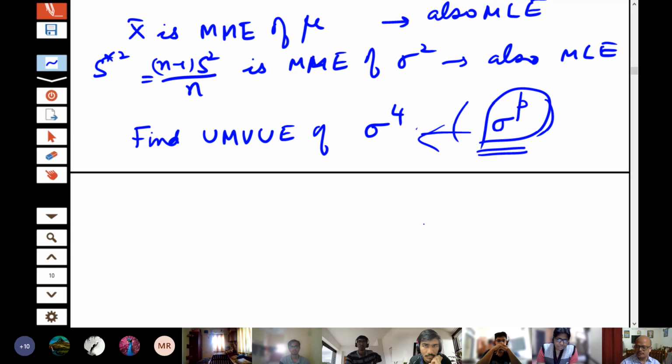The necessary distribution theory is available to you. X bar follows a normal distribution with mean mu and variance sigma square by n. The distribution of (n minus 1) S square by sigma square is chi square on n minus 1 degrees of freedom. So these are certain things which are already known to you.